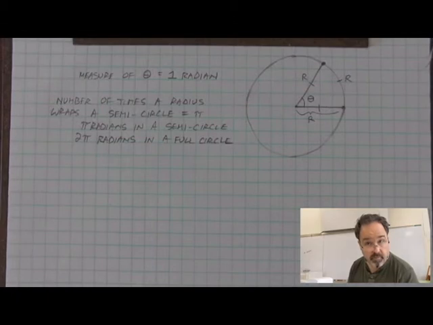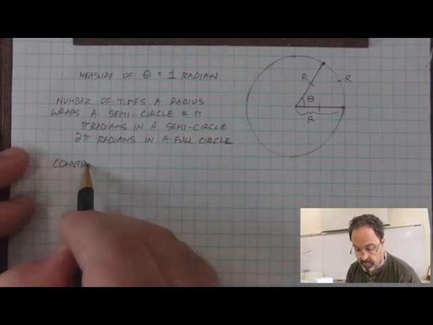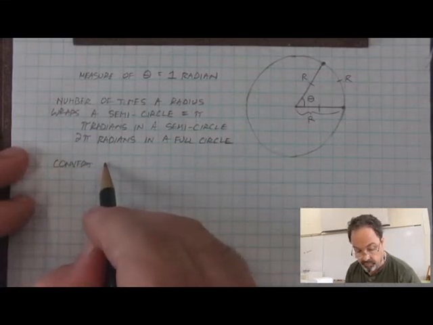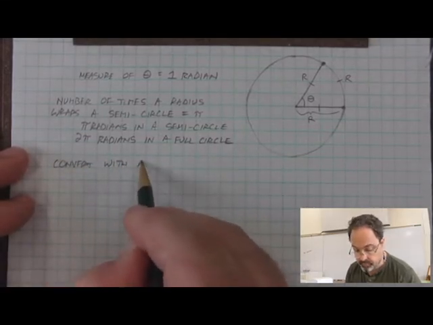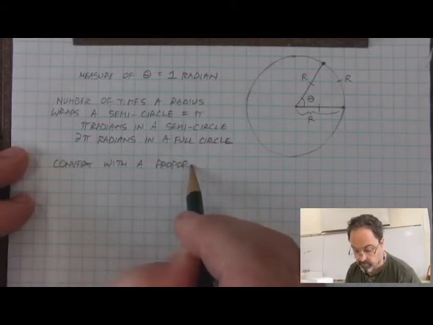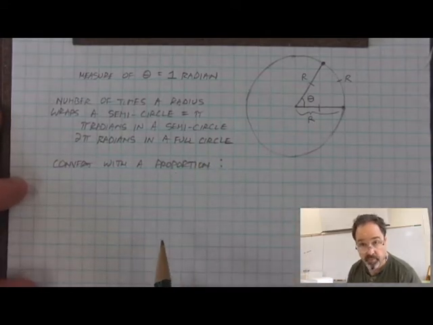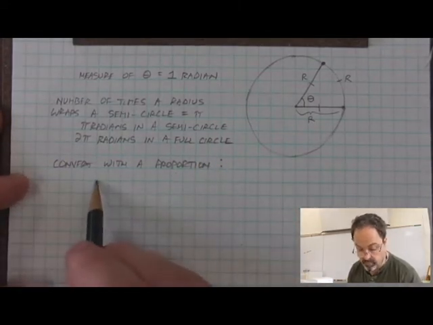So we can convert degree measures to radian measures. And our tool for converting is a proportion. There are many ways to set up a proportion that would work to convert radians and degrees.